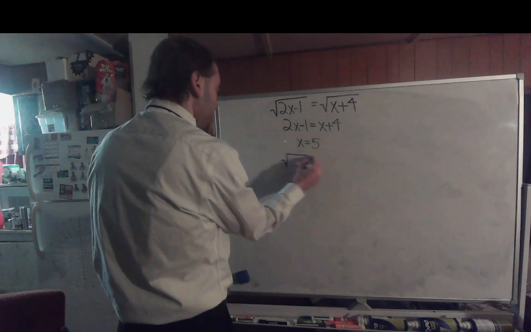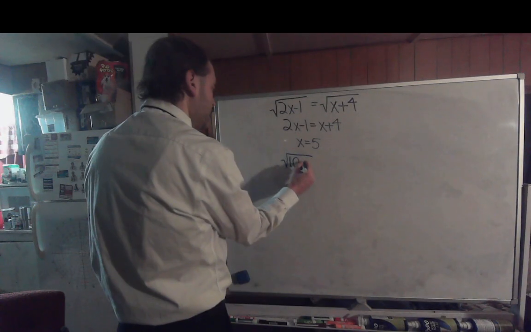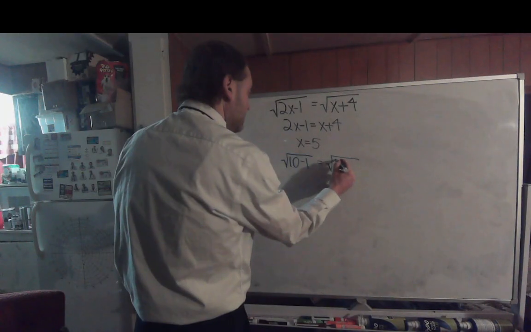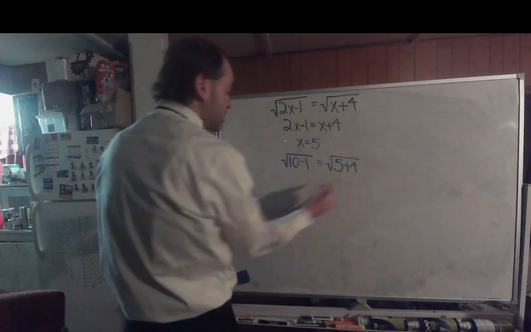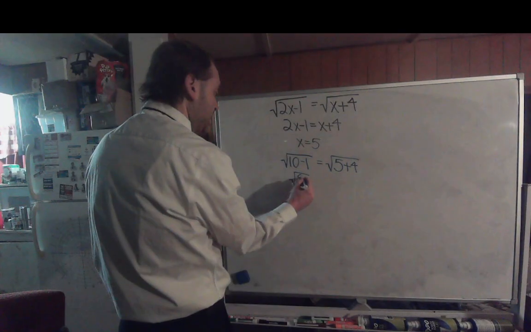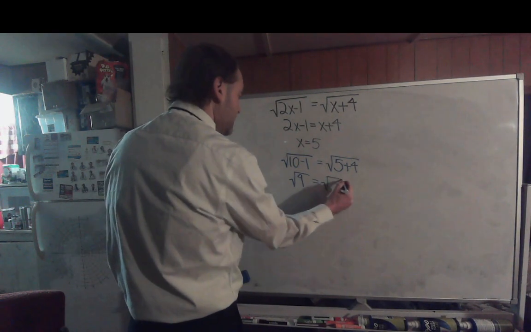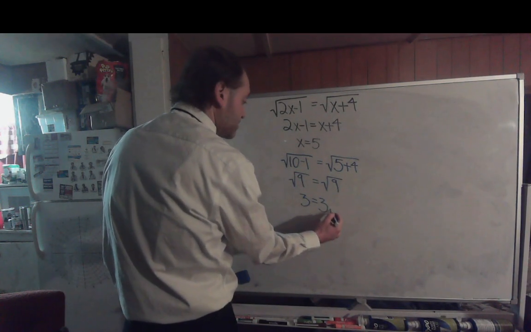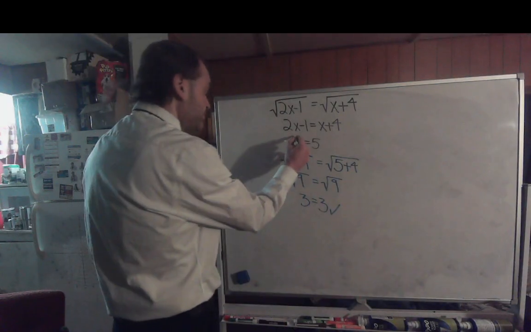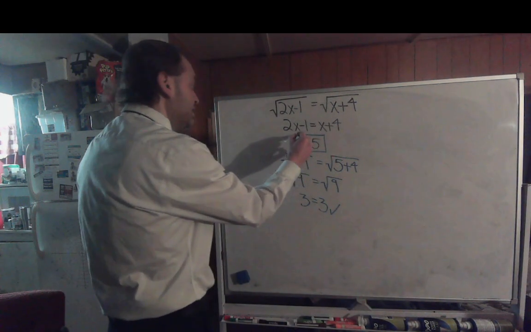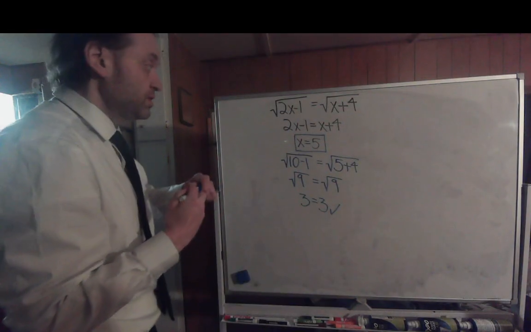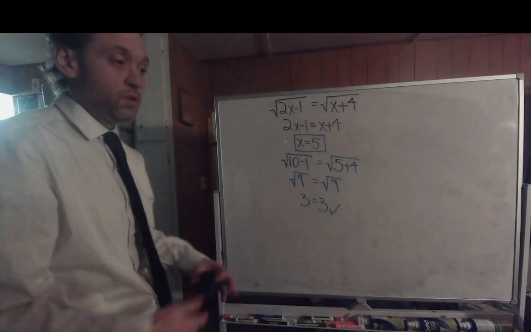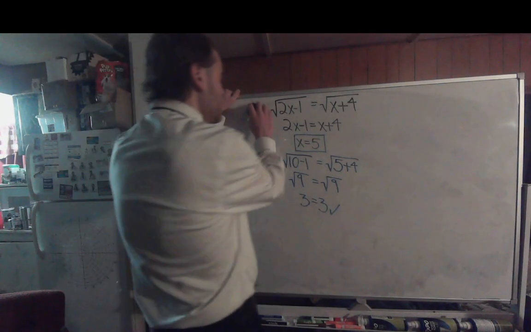So on the left side, you would get the square root of 10 minus 1 would equal the square root of 5 plus 4, which would give you the square root of 9 equals the square root of 9, which would give you 3 equals 3. That's a true statement, so x equals 5 does work and is the solution in this case to this radical equation, since there's no extraneous solutions.